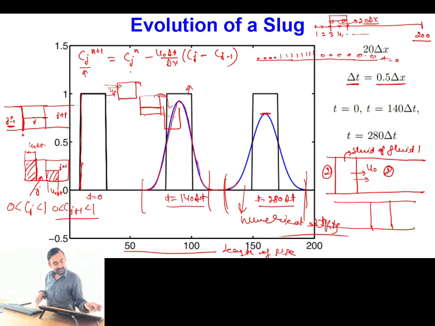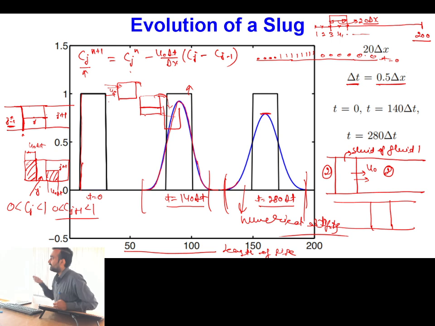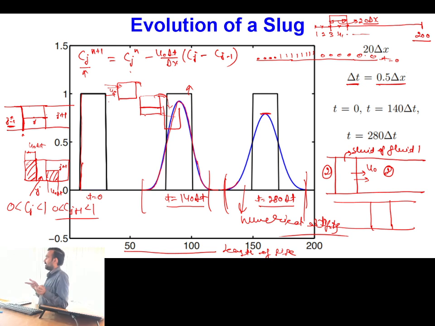But here, simultaneously in two consecutive cells, what would have happened? First this j cell would have filled entirely, and after that volume would transfer to the next cell. But the numerical approximation we are considering is partially filling this one and partially filling the next one, and that too in a single time step.